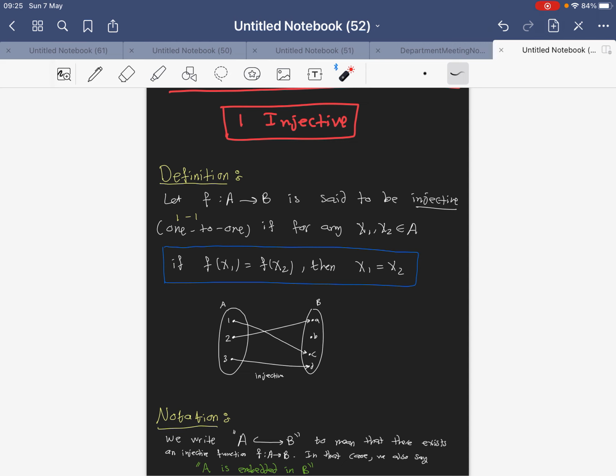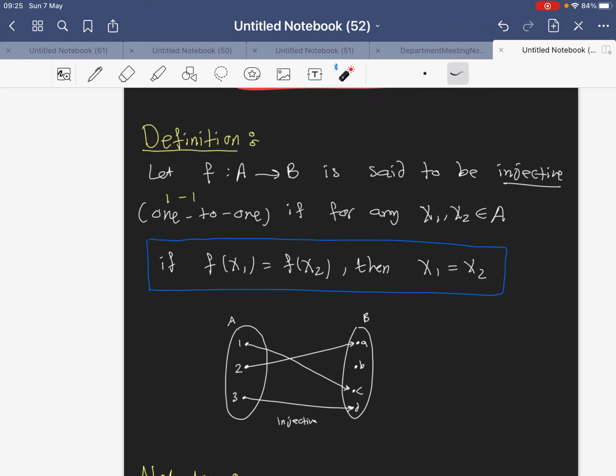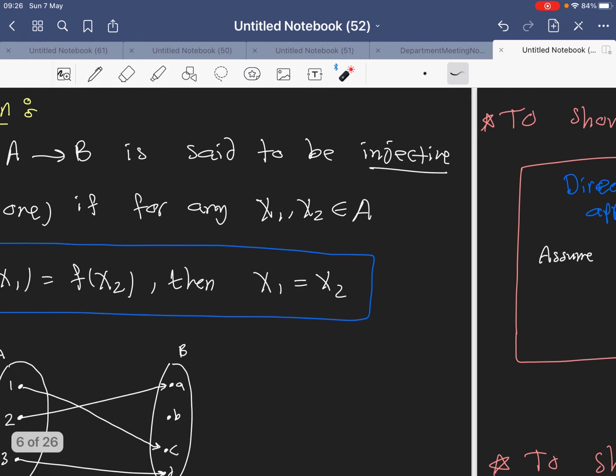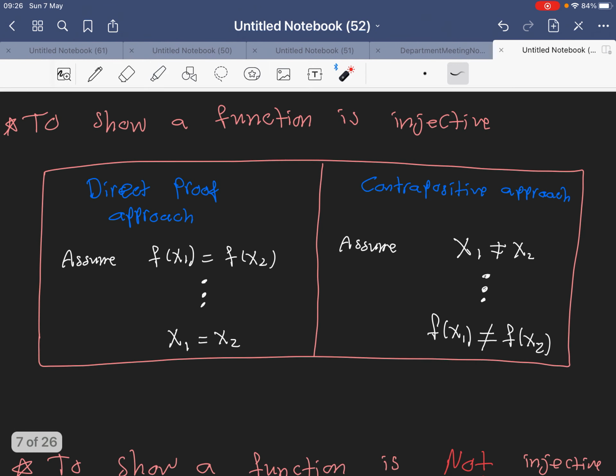Again, if we want to show that a function is injective, remember this statement is of the form P implies Q. And in order to prove P implies Q, we can use direct proof and we can use contrapositive as well as contradiction. So this is kind of if P, then Q. So let's see the strategy before we start, and from there we go on.